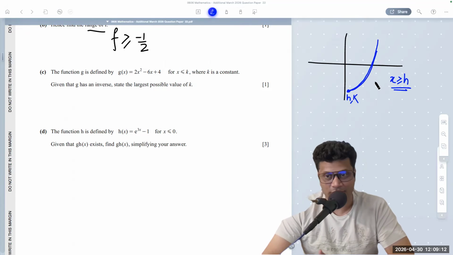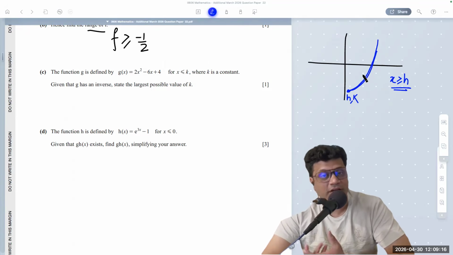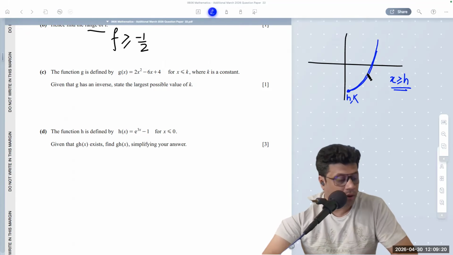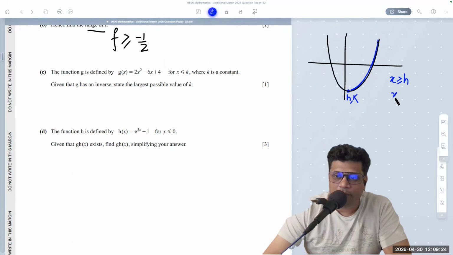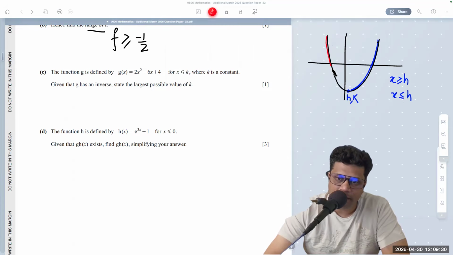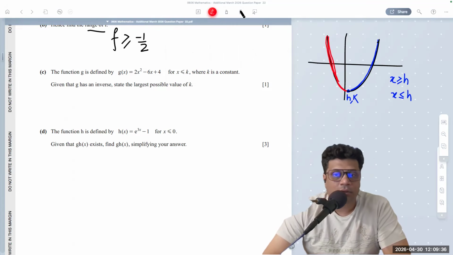You've restricted the domain. This part is a 1-1 version of it, which means it is invertible. Or you can also keep x lesser than equal to h, and you're only going to be remaining with this part of the curve, which is also a 1-1 thing.